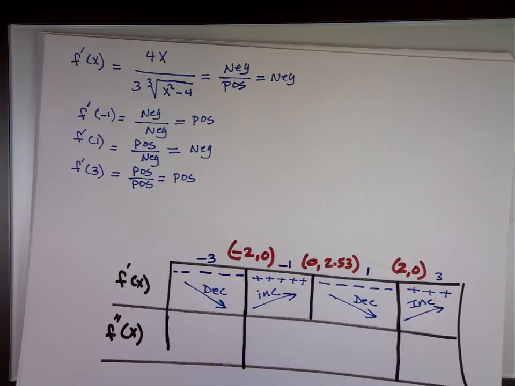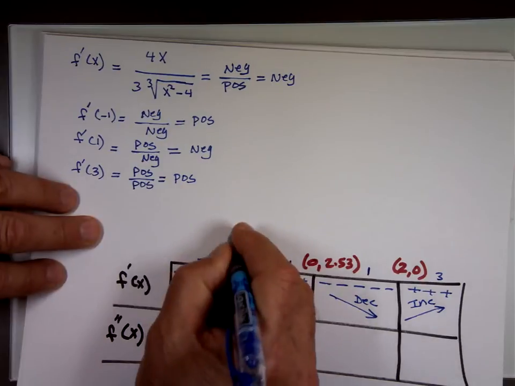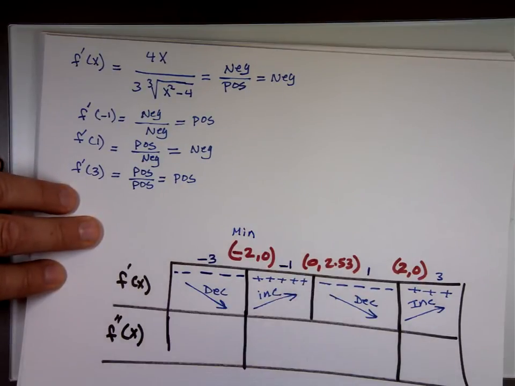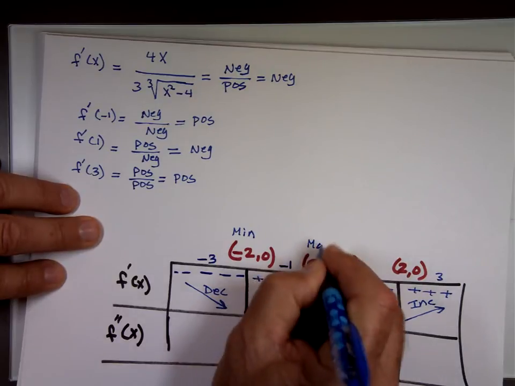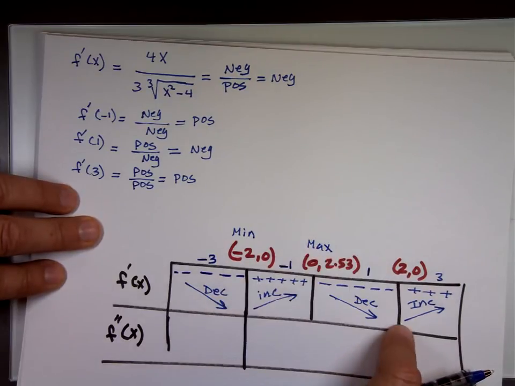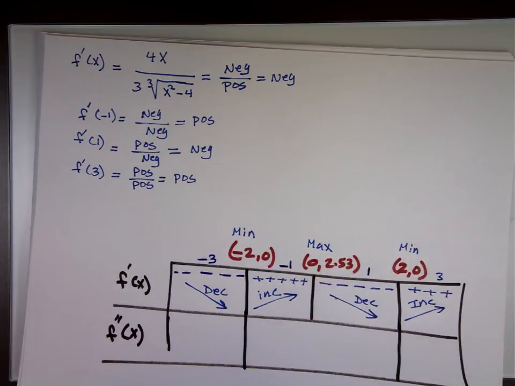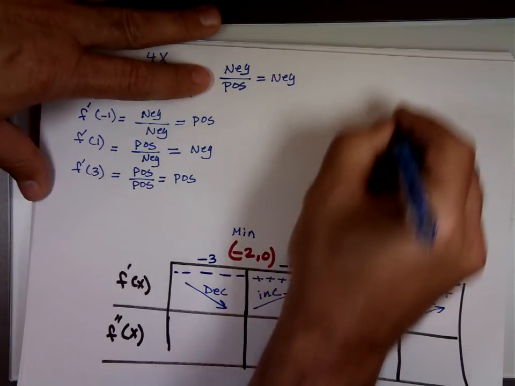What's this point here? Min. What's this point here, the 0 and 2.53? Max. What's this point here? Min. So if I go to graph it right now, this is what I know.